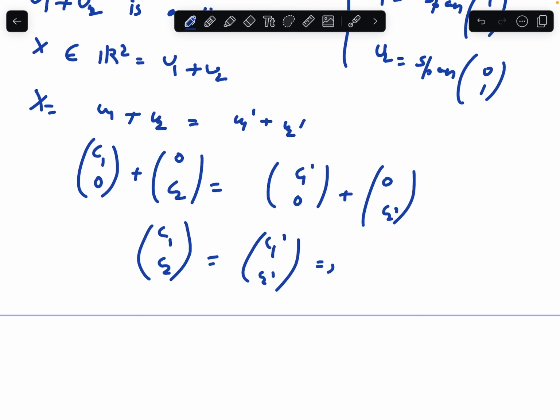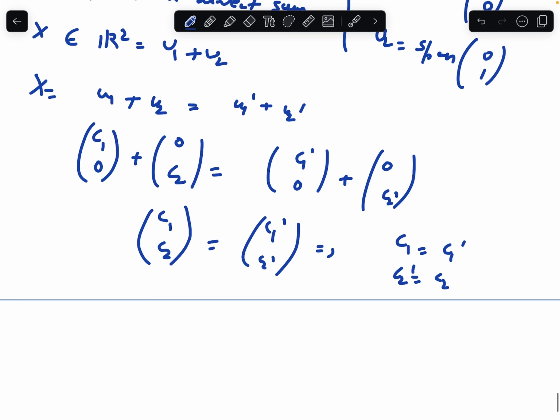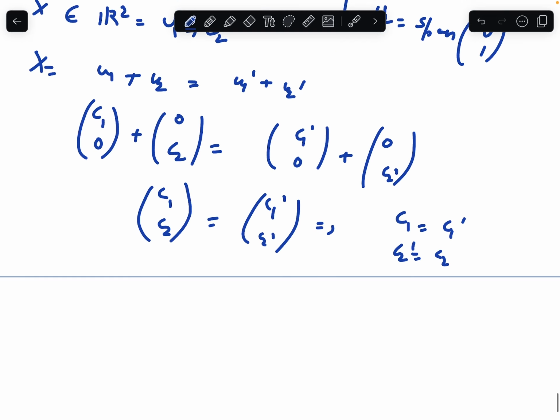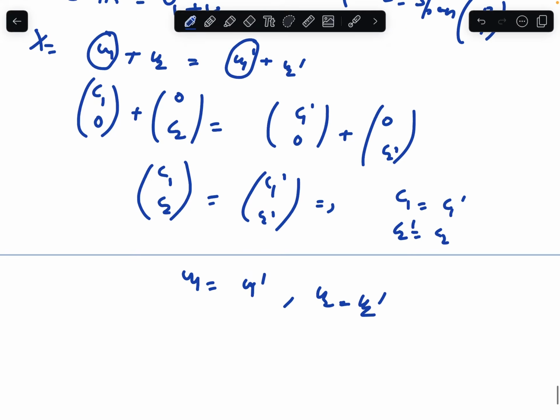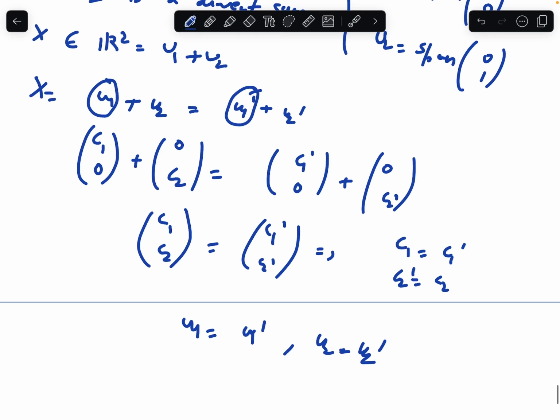So you get c1 equal to c1 prime, and c2 equal to c2 prime. That means u1 is equal to u1 prime, and u2 is equal to u2 prime. That means this is actually a unique representation. They are not different.